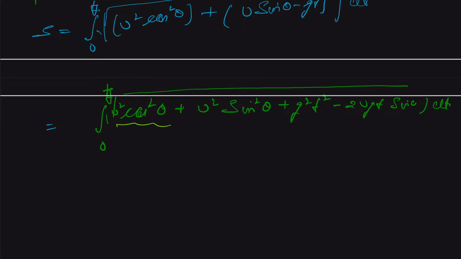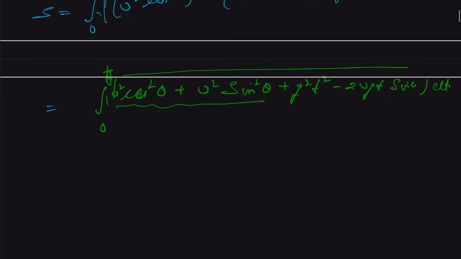And these two, if we take v square, this will be cos square plus sine square, which is equal to 1.